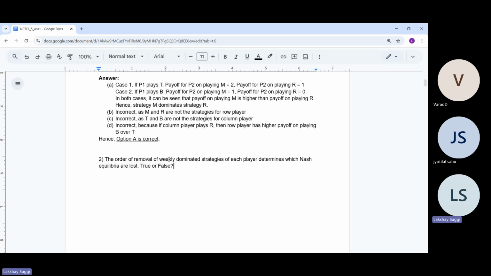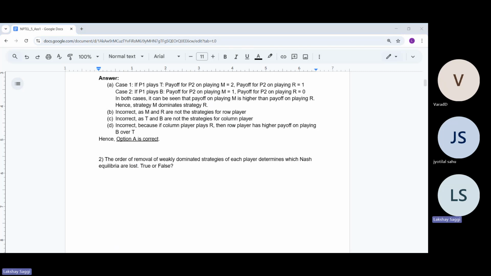In weak domination, equalities can also occur, whereas in strong domination, it should always be a strictly greater than or less than sign. I'm not giving the full definition, but the high level idea is something like this. And the problem is asking whether the order of removal of weakly dominated strategies for each player determines which Nash equilibria are lost. Is this statement true or false?